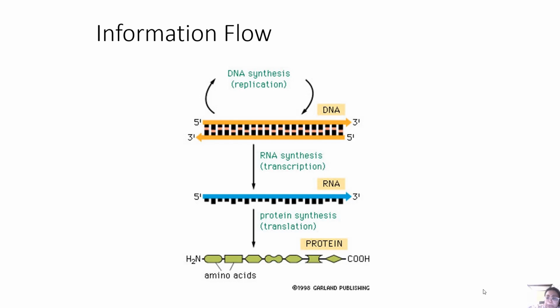That is the process of replication. Then we go ahead to RNA formation, which is basically transcription. From RNA we make protein, which is nothing but translation. Protein is made up of amino acids. You know all these things already, right?